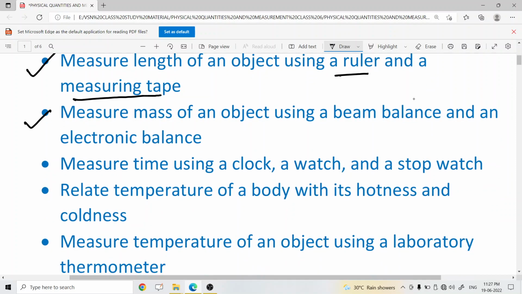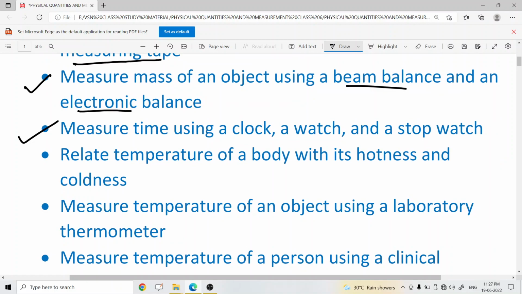Beam balance and electronic balance are measuring instruments to measure mass of an object. Then measure time using a clock, watch and also a stopwatch.